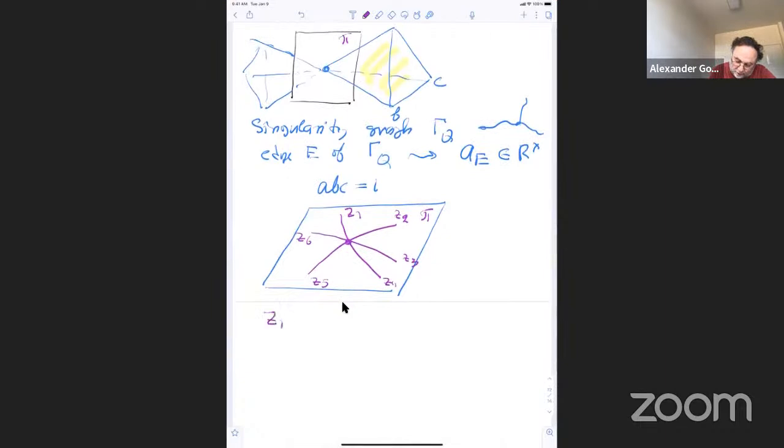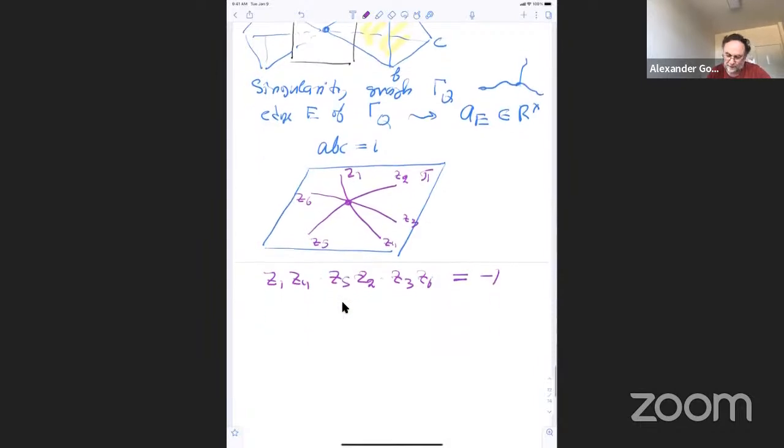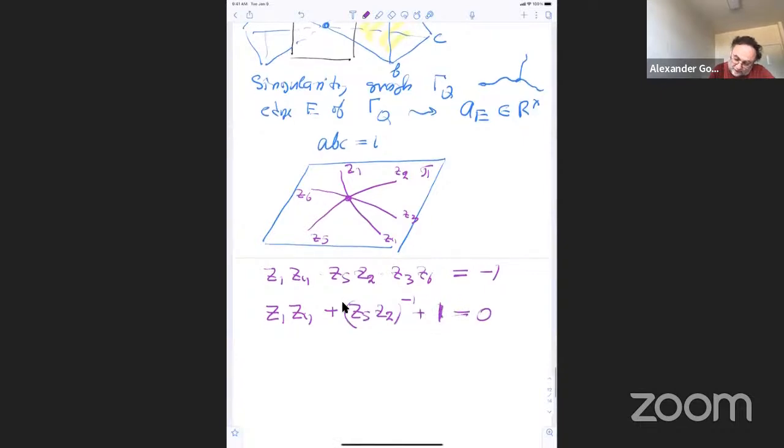First of all, Z1, Z4 multiplied by Z5, Z2 multiplied by Z3, Z6 equals minus 1. That's a kind of trivial equation, but the interesting equations are the following. You put Z1, Z4 plus Z5, Z2 inverse plus 1 equal to 0, and then a cyclic shift of this.